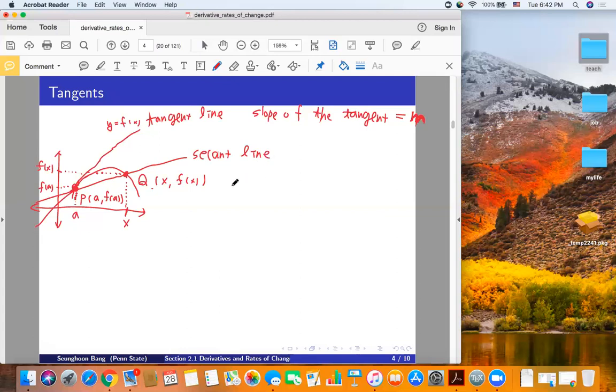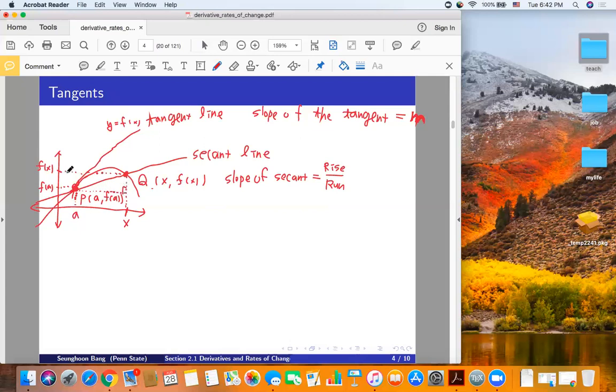The next one. What is the slope of the secant line? I can use rise over run. How can you find rise over run? You can make a right triangle. So like this.